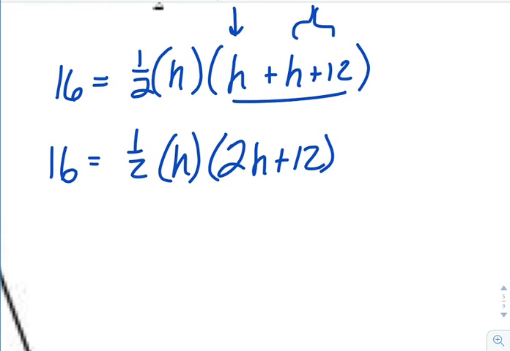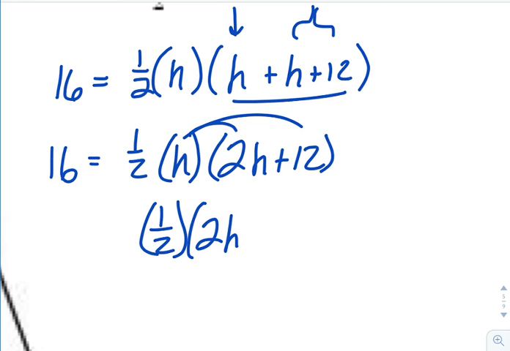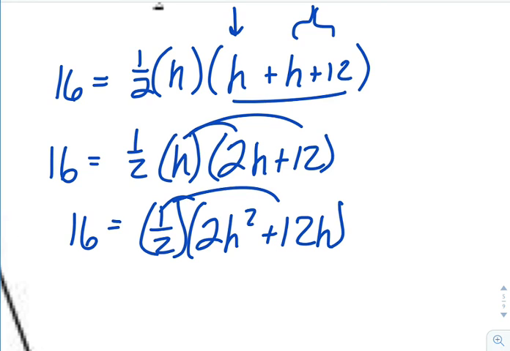So it's all going to multiply out. I'm going to do it step by step just to make sure we see it. 1/2 times h, that's times 2h squared plus 12h. And 1/2 times all those is h squared plus 6h equals 16.